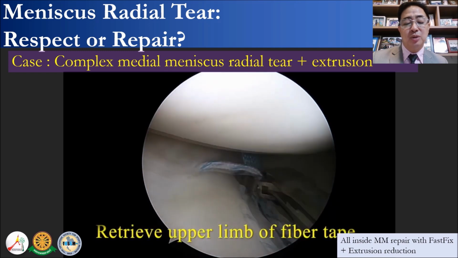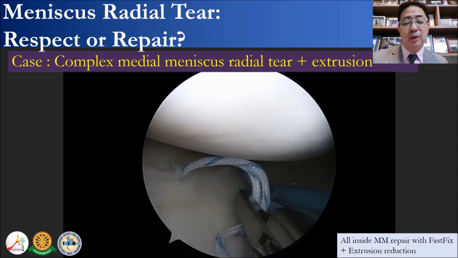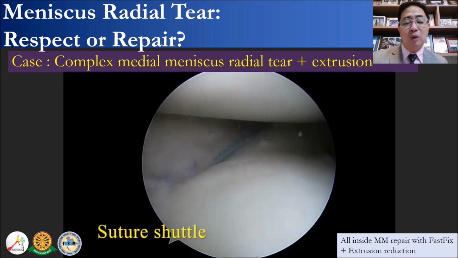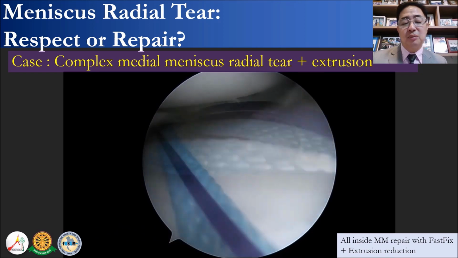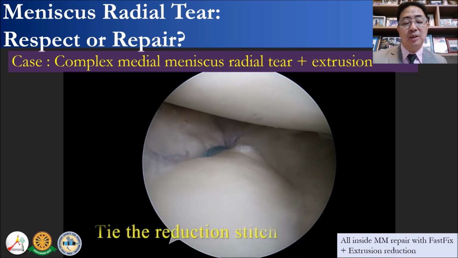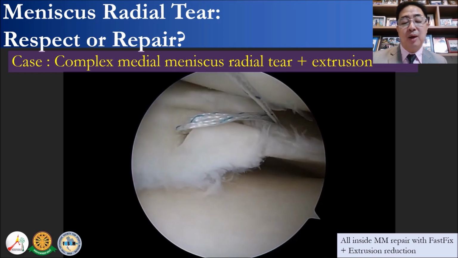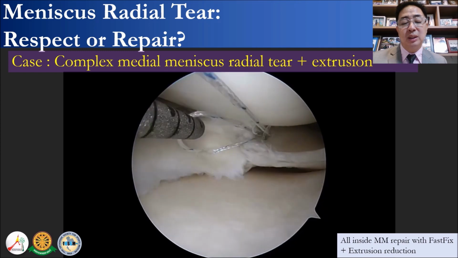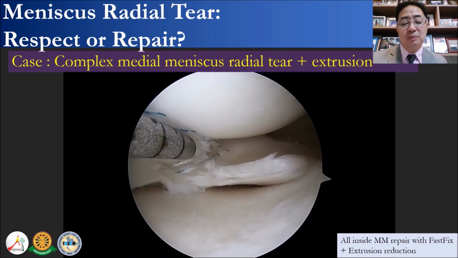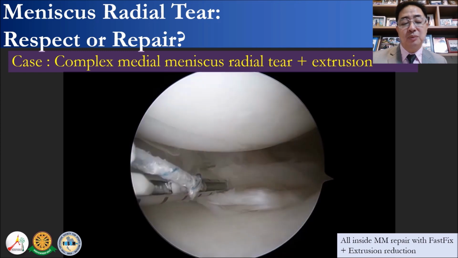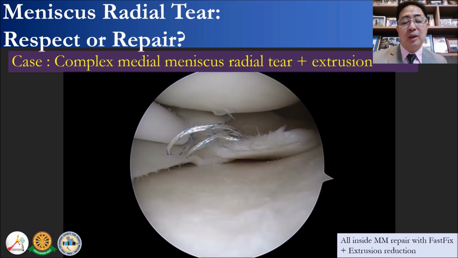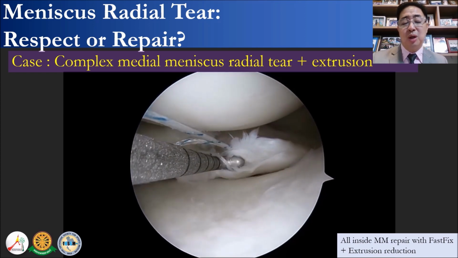Okay, this is extrusion reduction to reduce the tension of our repair site. Okay, so that is after the extrusion reduction. And then I do the side-to-side repair of the meniscus. For radial tear, I try not to shave the tissue to avoid the gap.